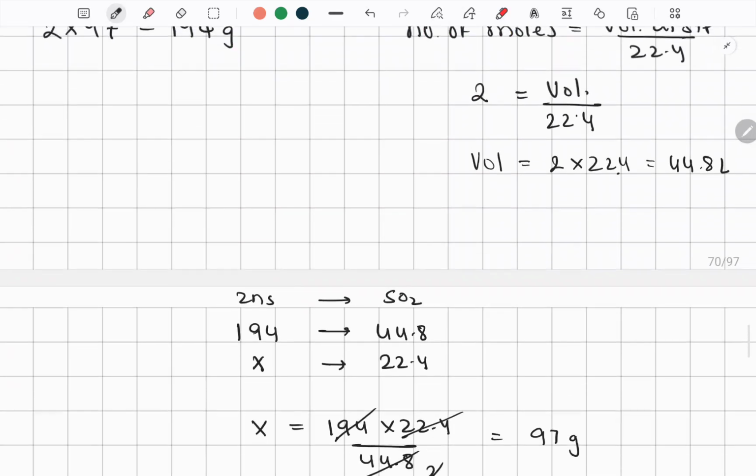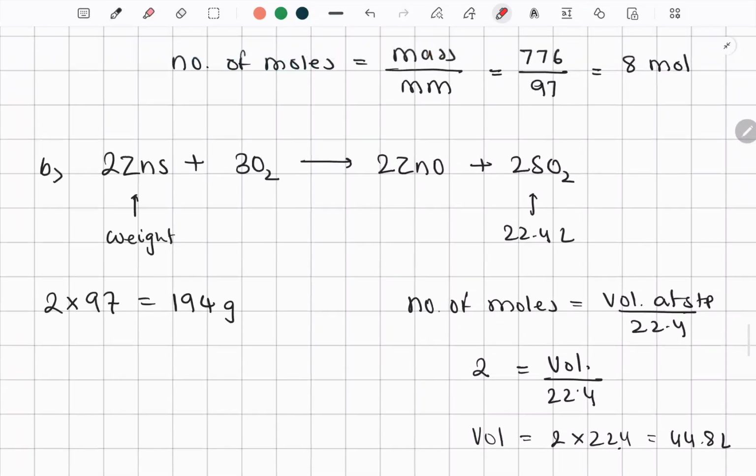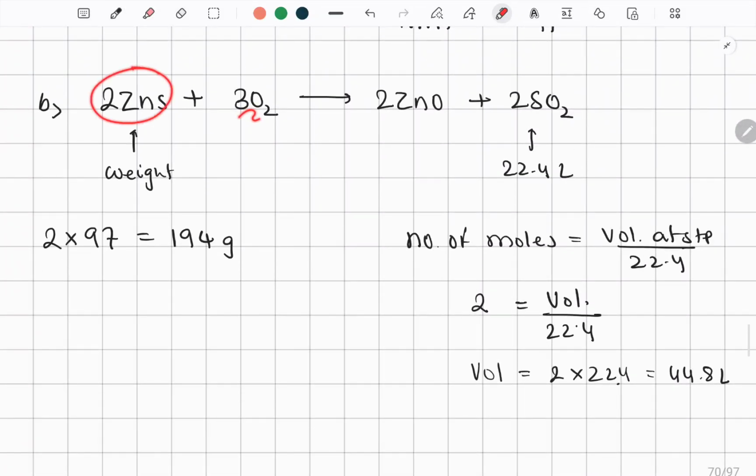So let's try to understand part B, how we solved that. They were asking that when zinc blende is roasted in air, calculate the weight of ZnS required to liberate 22.4 liters of SO2. First we saw that from the balanced chemical equation, by focusing on ZnS and SO2, 194 gram of ZnS liberates 44.8 liters of SO2.